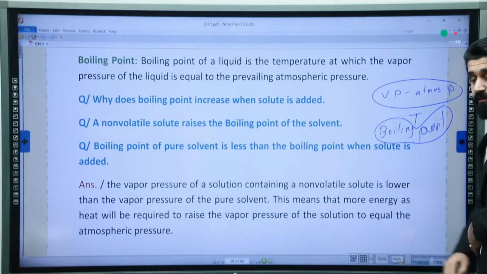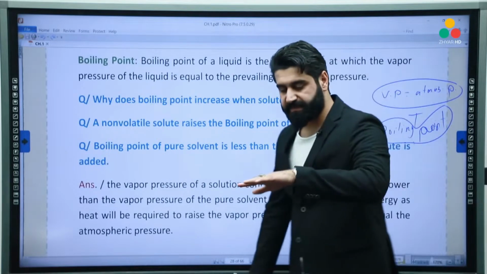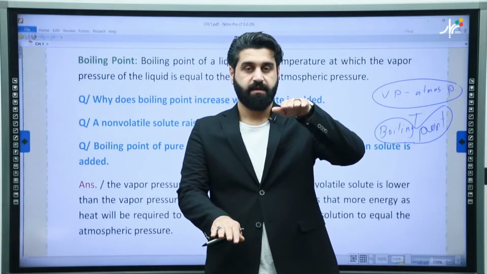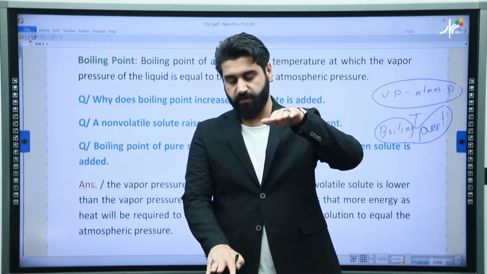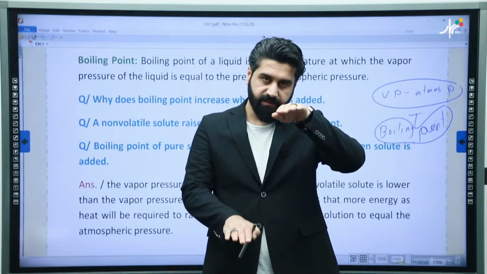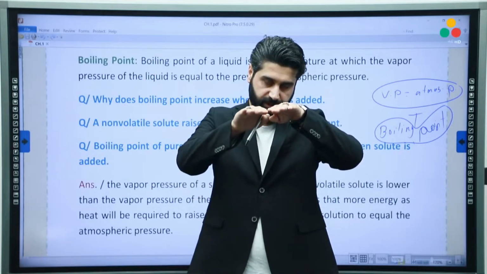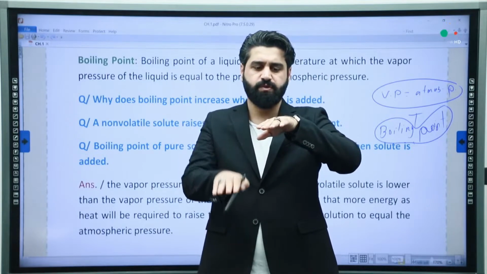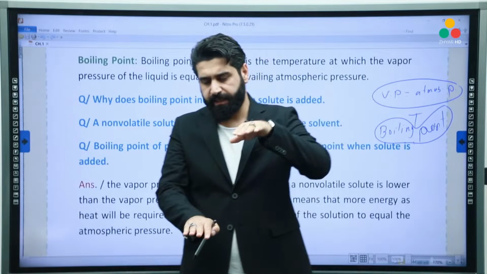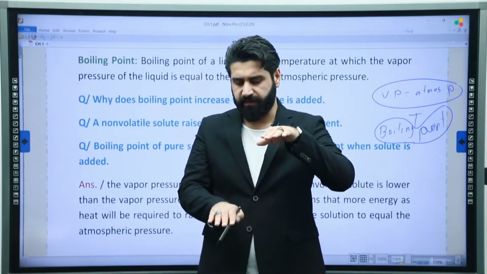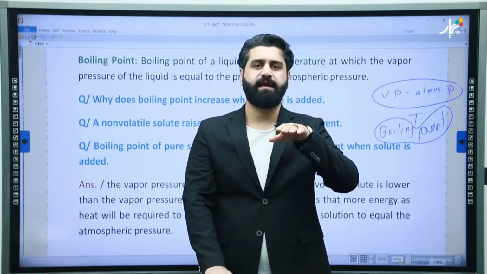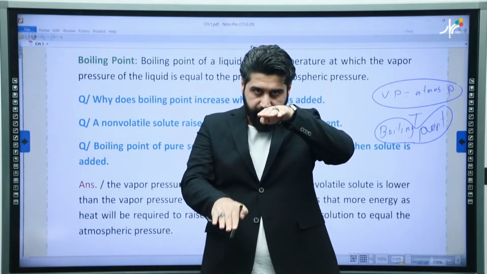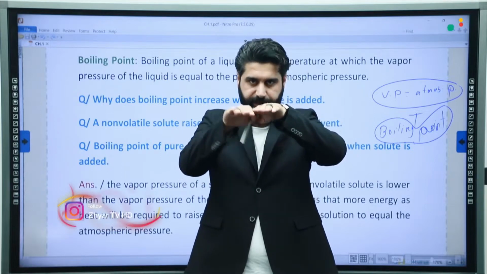Look, it's very easy. Suppose this is atmospheric pressure and the liquid has very low vapor pressure. So it needs more time to reach the atmospheric pressure, so it needs more energy. That's why when the liquid produces less vapor pressure, it has a high boiling point, because it needs more time to be equal to the atmospheric pressure.